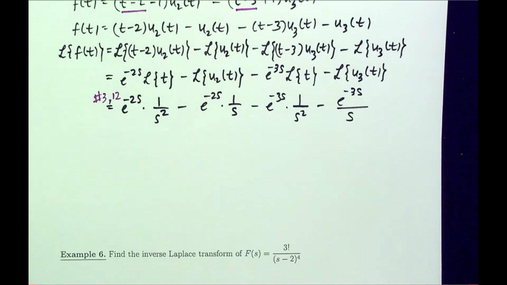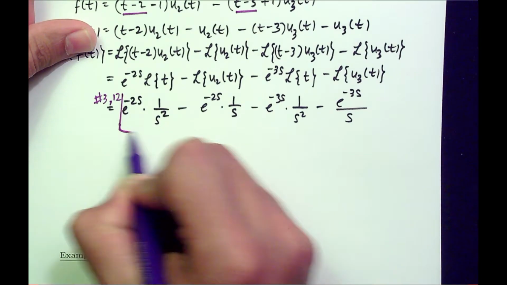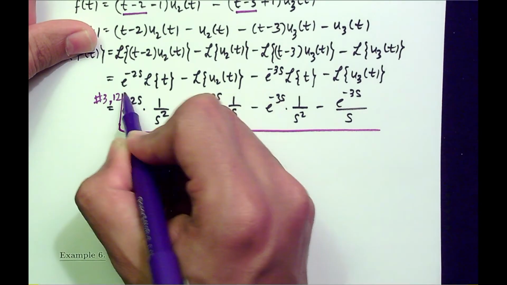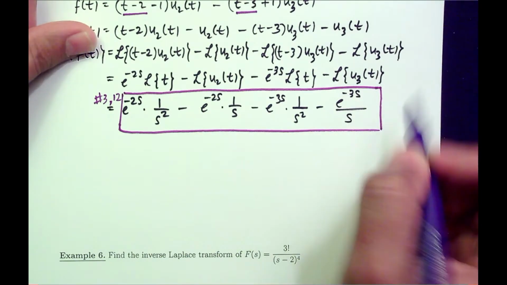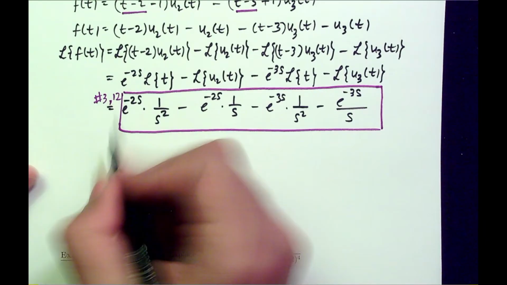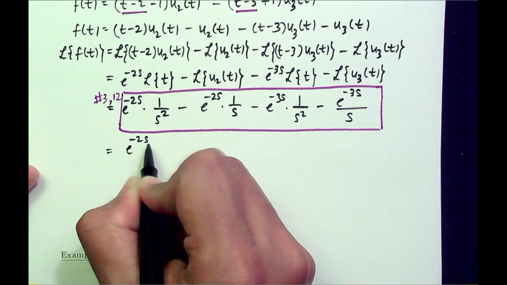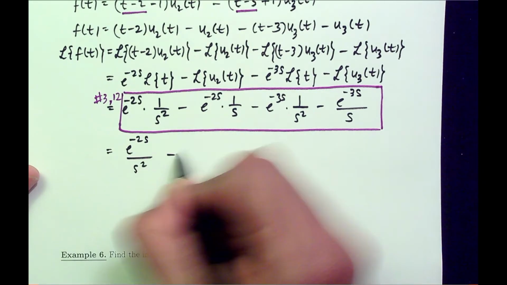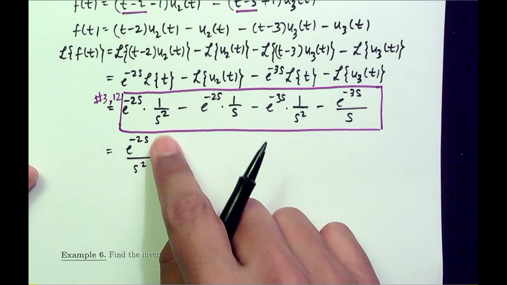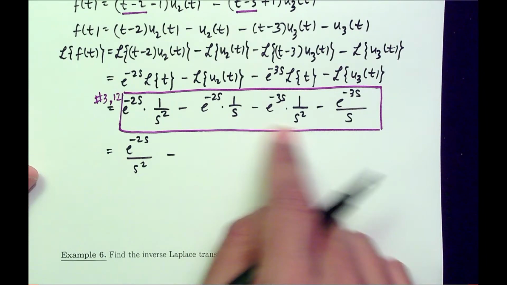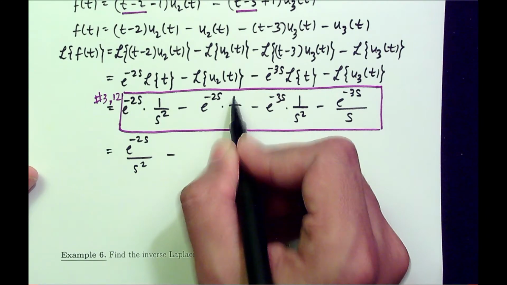Now, you could just leave it like that, or we can rewrite this a little bit and write everything over a single fraction, which we're going to do. So this is e to the minus 2s over s squared minus... Now, I want the common denominator. You see the denominators are s squared, s squared, and s. The common denominator would be s squared, so I will multiply top and bottom by s.